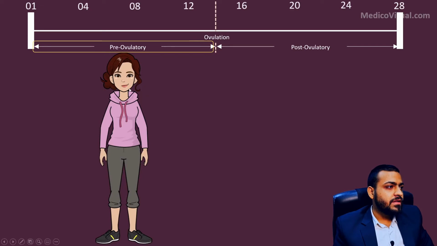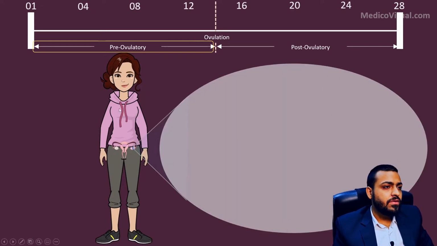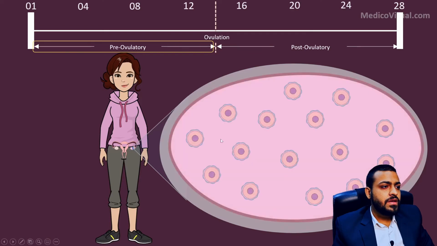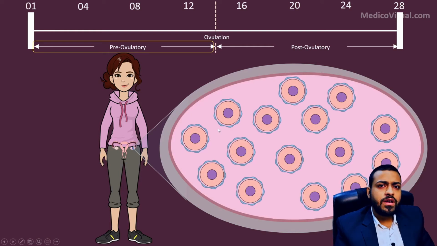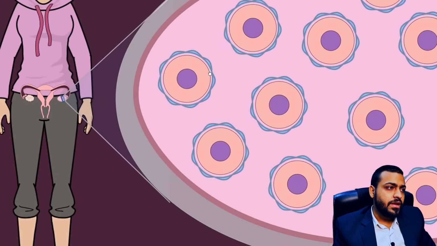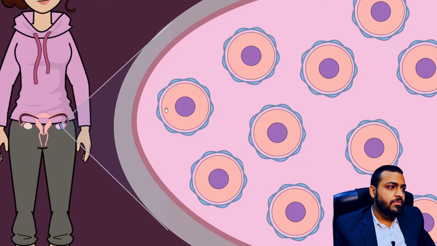So again, this is a prepubescent girl, and in her ovary there would be about 40,000 primordial follicles. And what are these primordial follicles?